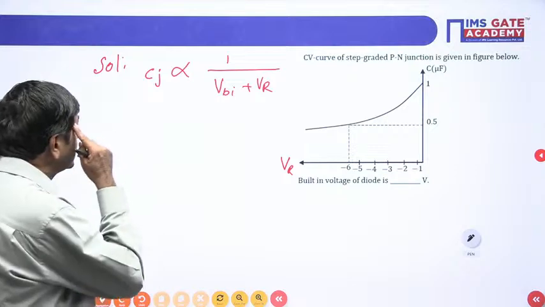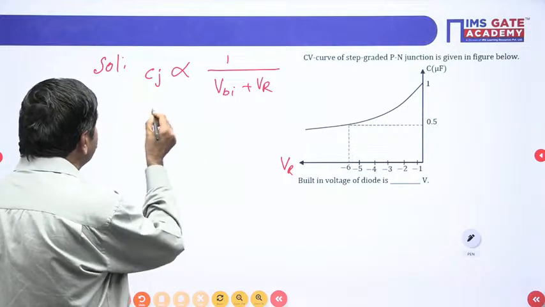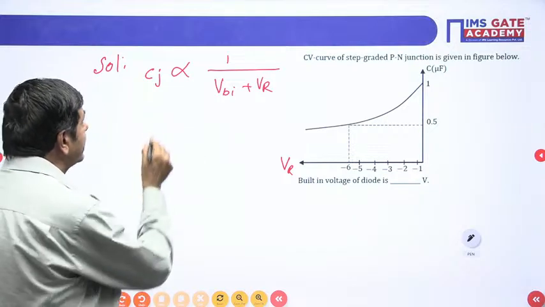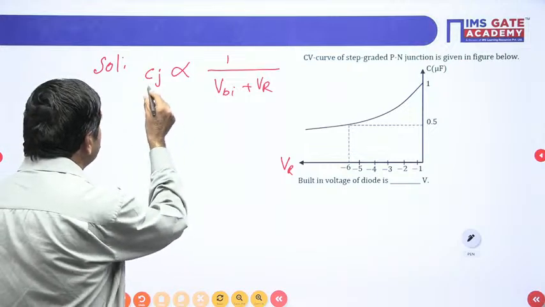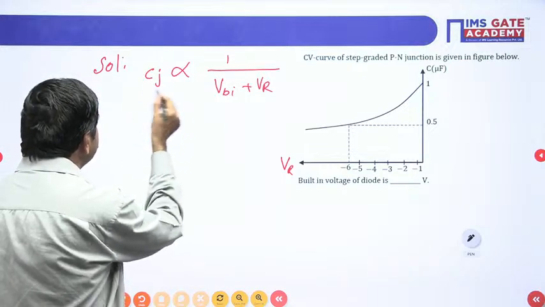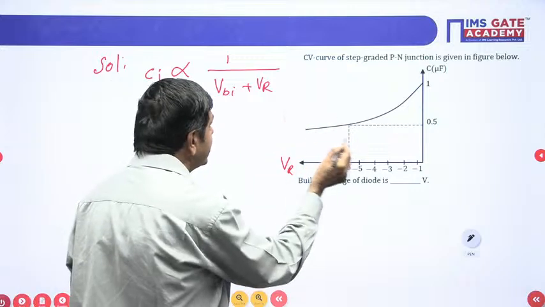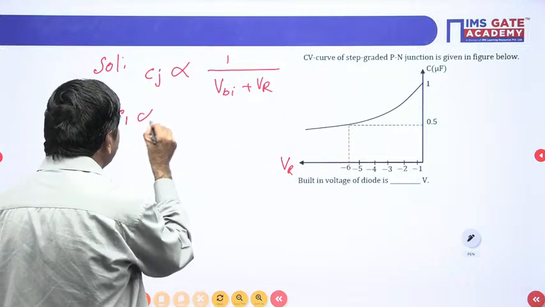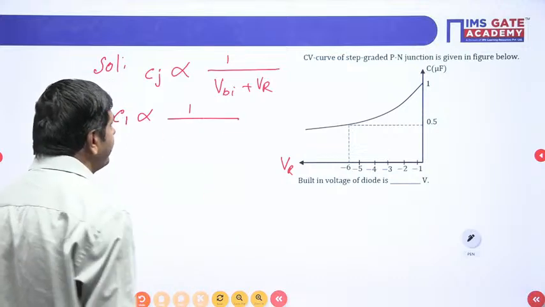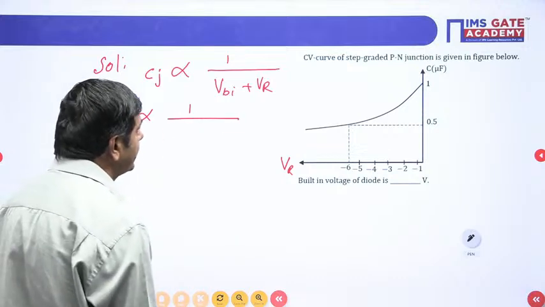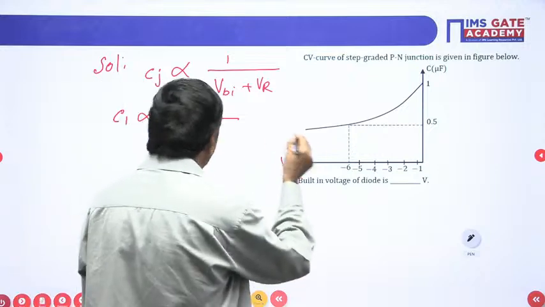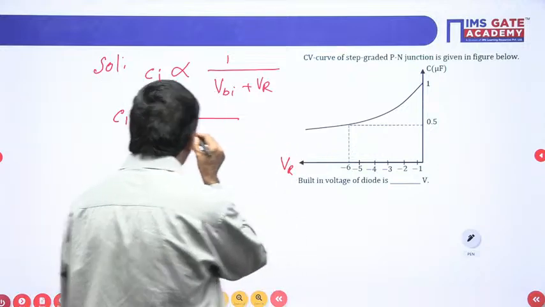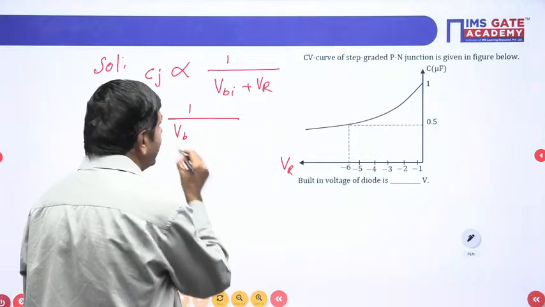I would like to get the built-in potential here. When Cj equals C, otherwise I can put C1, C2. C1 is directly proportional to 1 by VBI. VBI, directly you can write now.